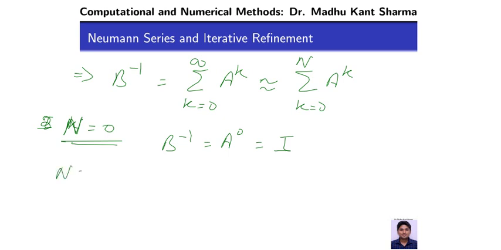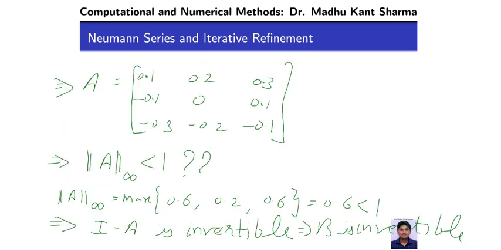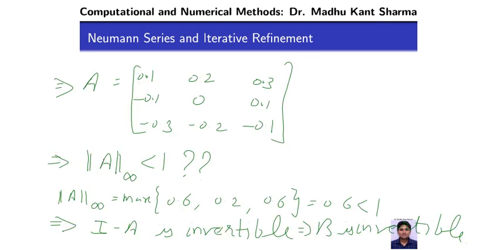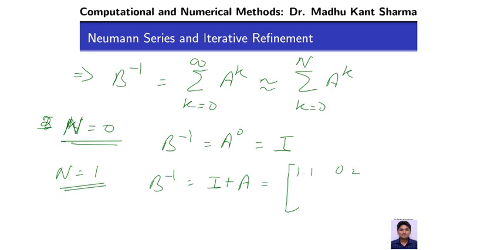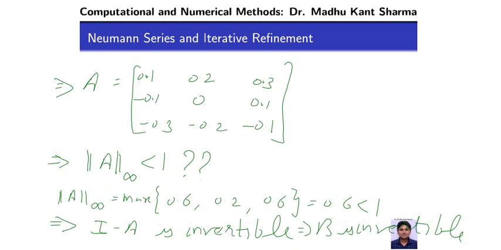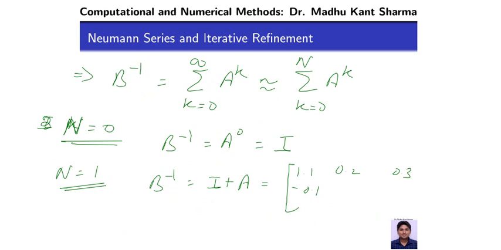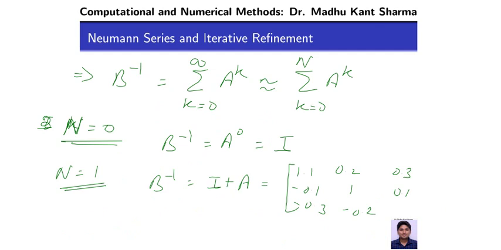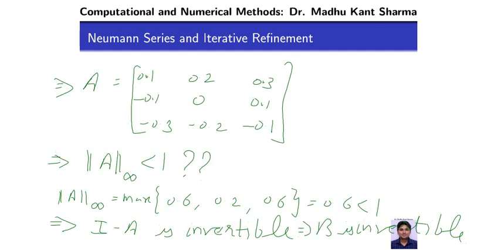For n equals 1, you have B inverse equal to I plus A. So if I add I and A, the entries are 1.1, 0.2, 0.3, 0.3, minus 0.1, 1, 0.1, minus 0.3, minus 0.2, and 1 minus 0.1, that is 0.9.